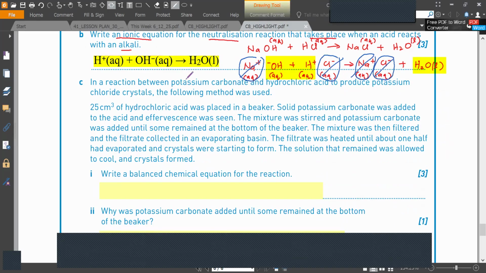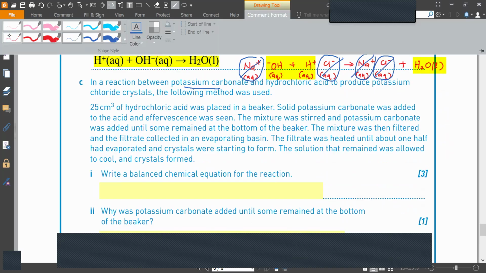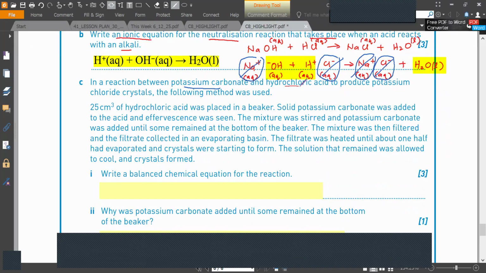In a reaction between potassium carbonate and hydrochloric acid to produce potassium chloride crystals, the following method was used. So we can quickly look at the first question: balance the chemical equation. This is straightforward.